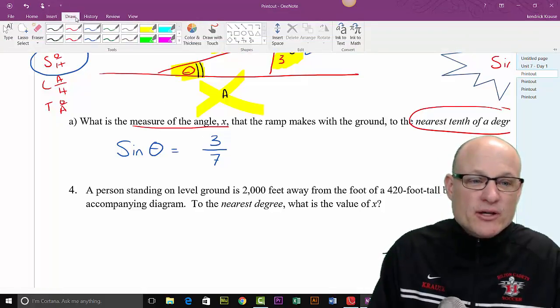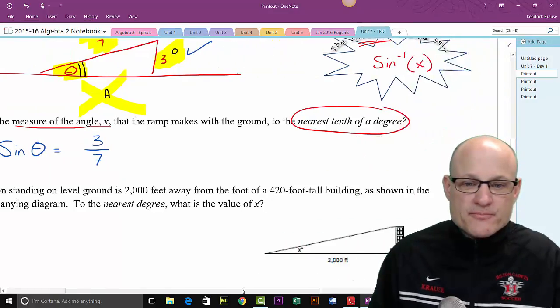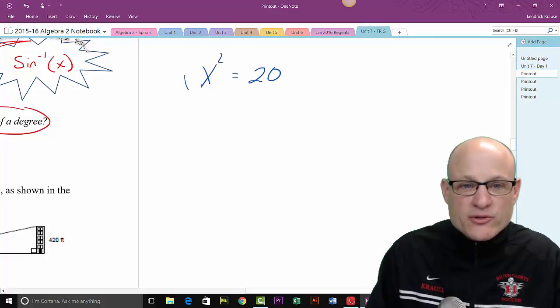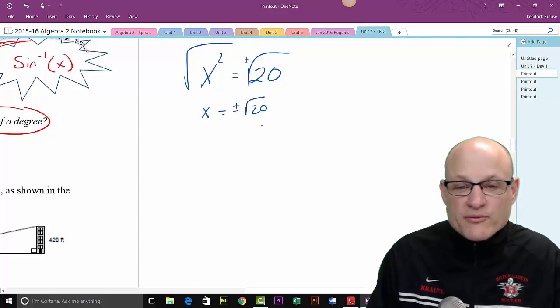So let me take you back on a little history trip. If I've got x squared equals 20, and I ask what x is equal to, you'd take the square root, put a plus or minus, and say x is equal to plus or minus the square root of 20. I'm not going to simplify that.